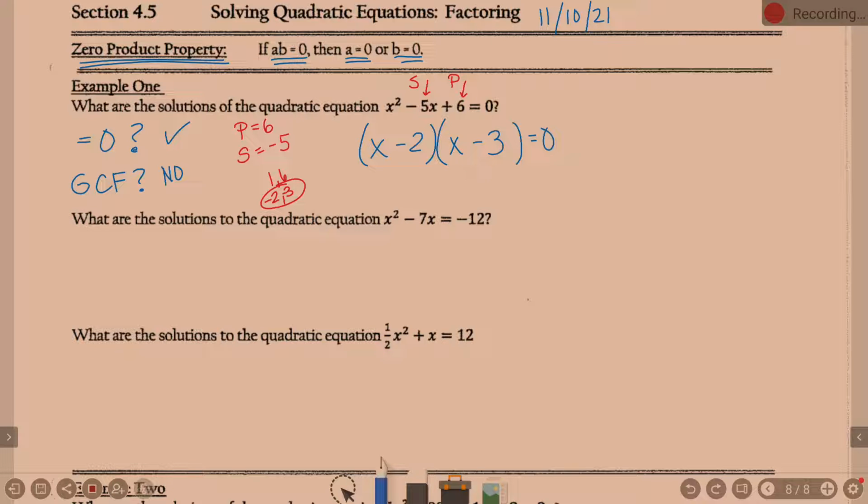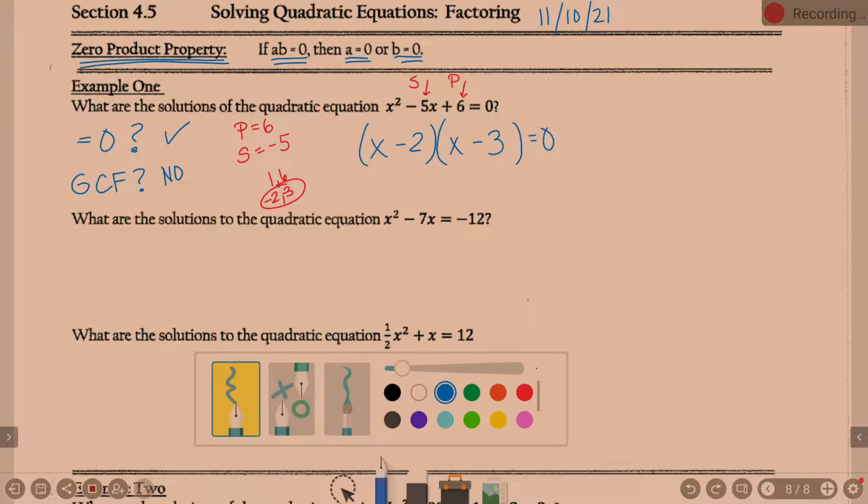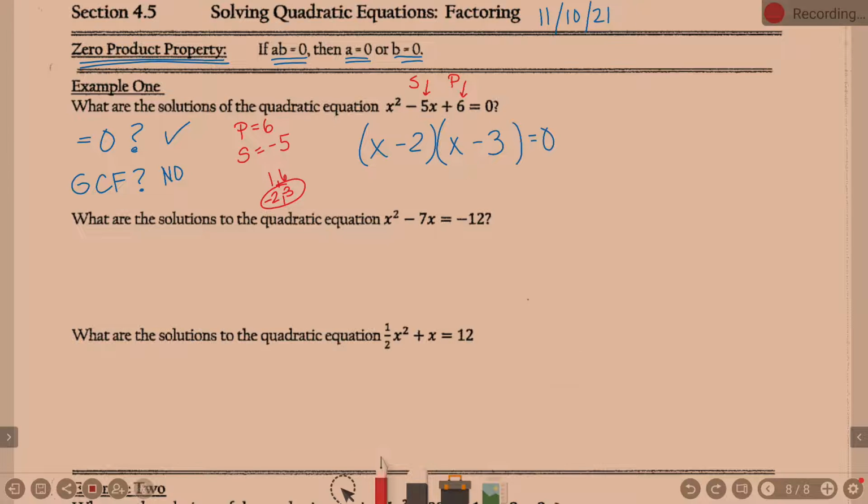If this is the quiz, you stop. You're done. We're not stopping now. When there's an equals 0, we don't stop. We have to go a little farther. This is parentheses times parentheses, right? One parentheses times another parentheses equals 0.